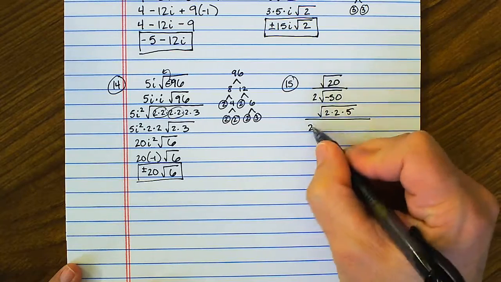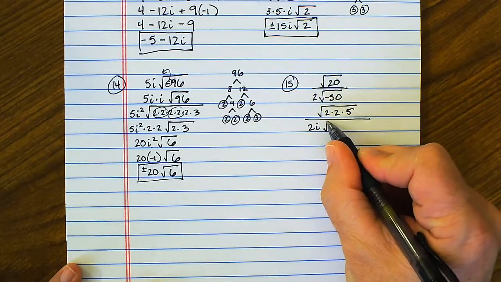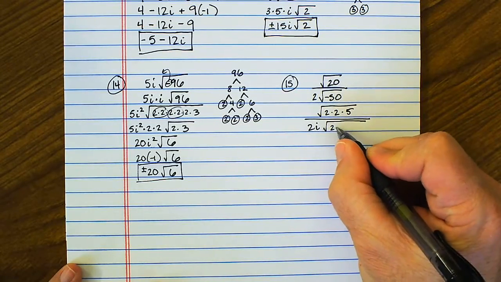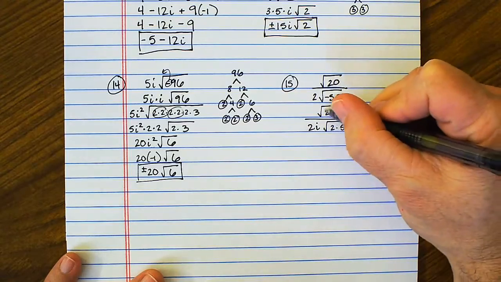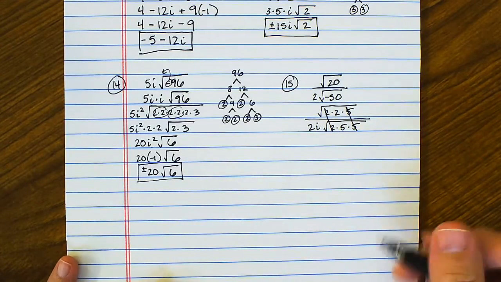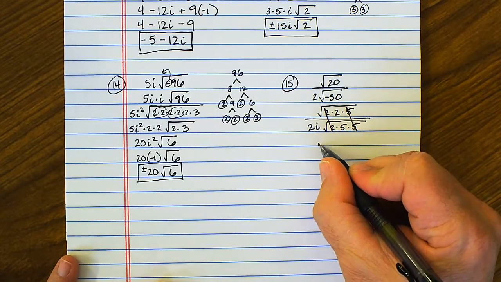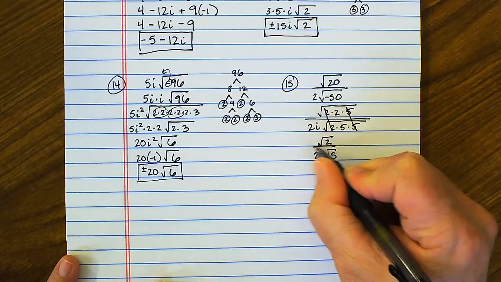Over 2 from right there. Now that negative's coming out, which is an i. And then 50 is 2 times 5 times 5. So my 2s cancel and my 5s cancel. So now I have radical 2 on top over 2i radical 5.